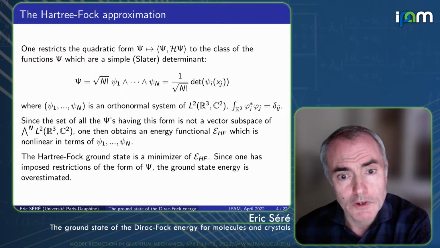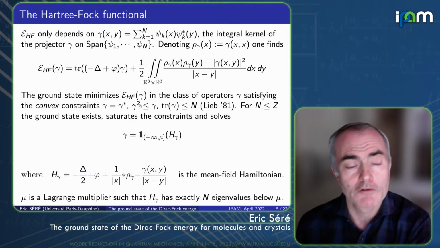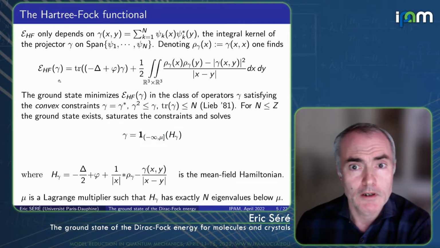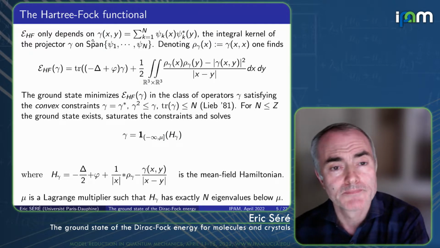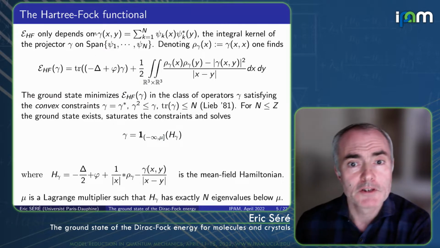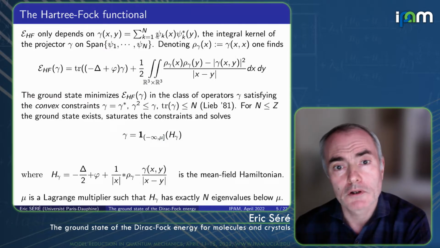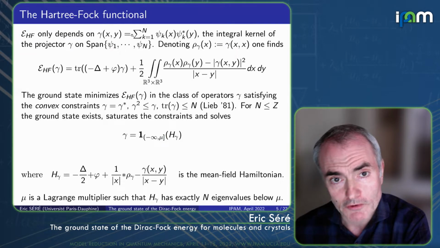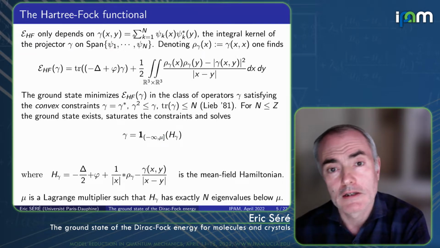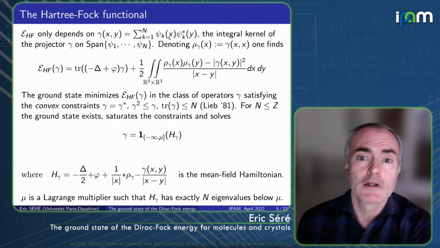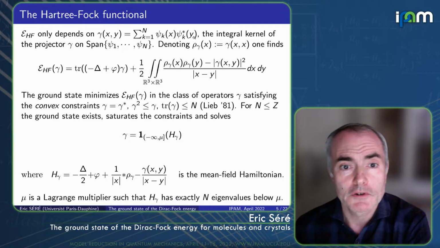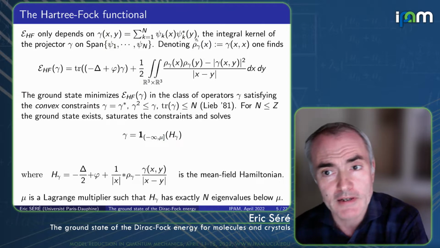The explicit form of this Hartree-Fock energy is quite easy to write as a function of the density matrix associated to our n monoelectronic wave functions. So this density matrix is just the projector on the n-dimensional space generated by these monoelectronic wave functions. Its integral kernel takes the form I wrote here in the first line.